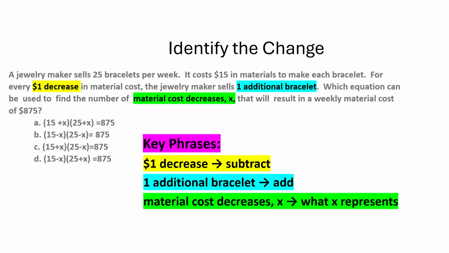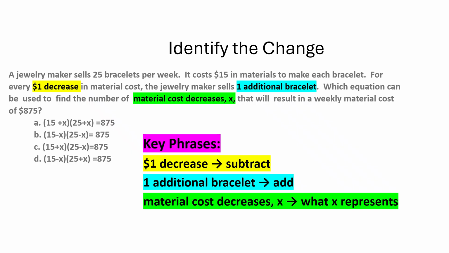The next sentence is where the change happens. For every $1 decrease in material costs, the jewelry maker sells one additional bracelet. So this sentence is simply saying that if it costs less to make each bracelet, the jewelry maker sells more bracelets. There are some key phrases here, but we'll talk about those in one moment.